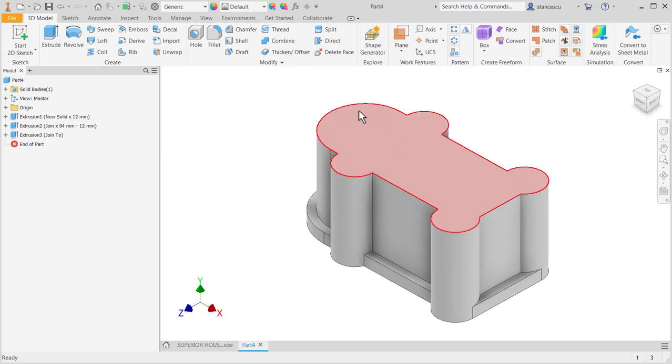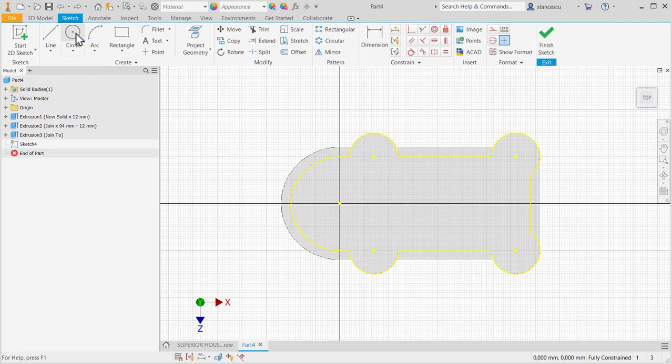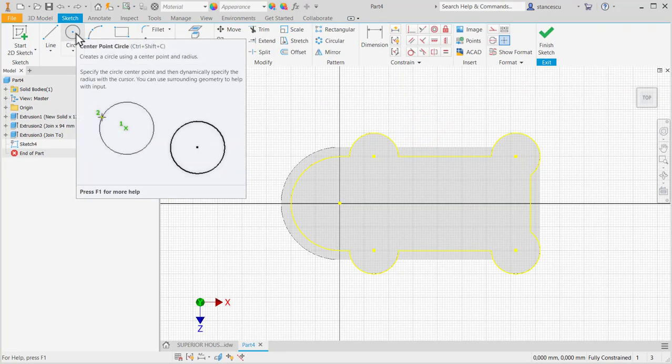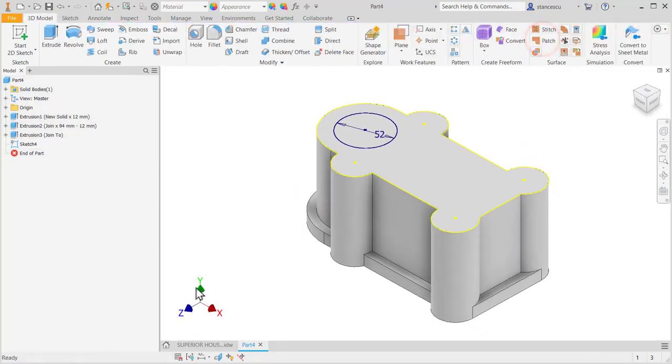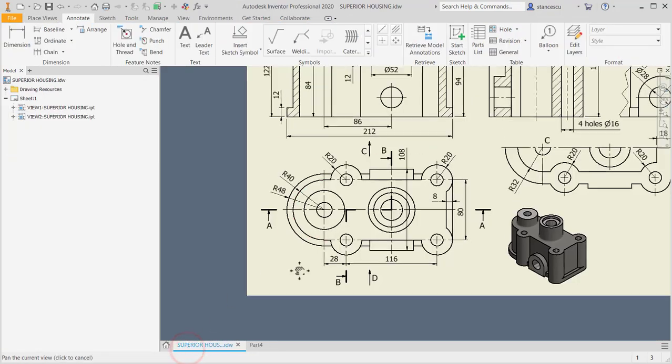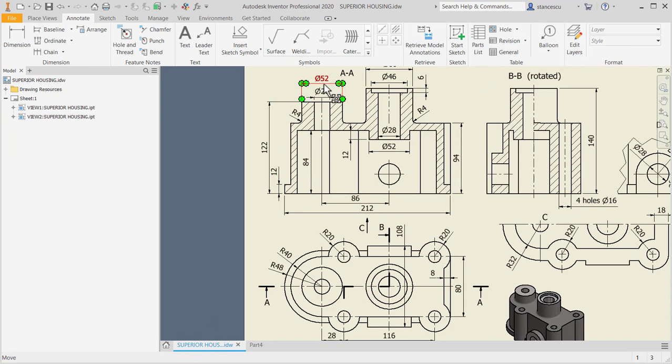Okay, now I create an extrusion of a circle with a diameter of 52. Finish sketch. 52 is this, and 122 is from the bottom.